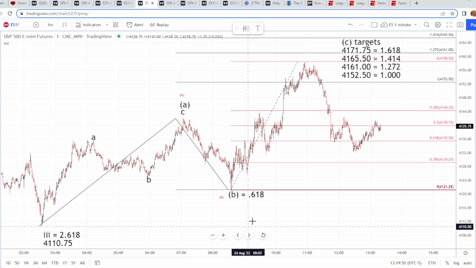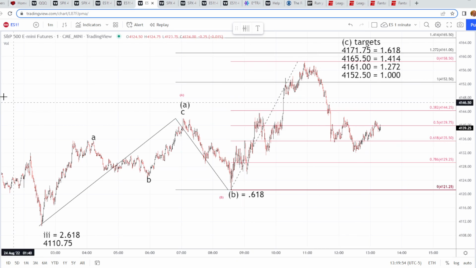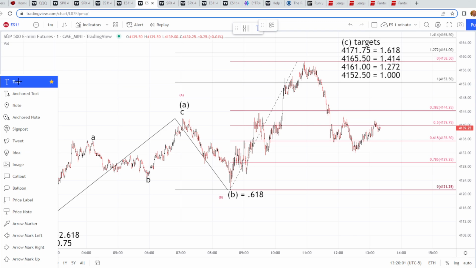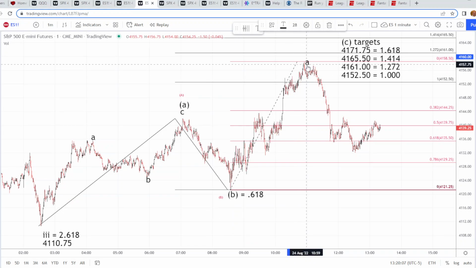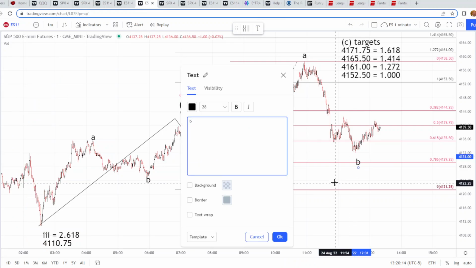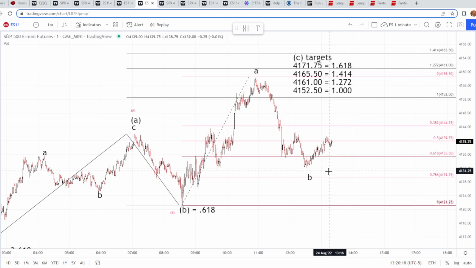Then we got B down, and this is A of C, B of C. I'll just mark that for you guys. Okay, here we go. Let's do it a little bit bigger and better where you guys can see this. This would be A of C. This would be B of C. There we go. And then we would have a C of C. Let's do a little assumption here.